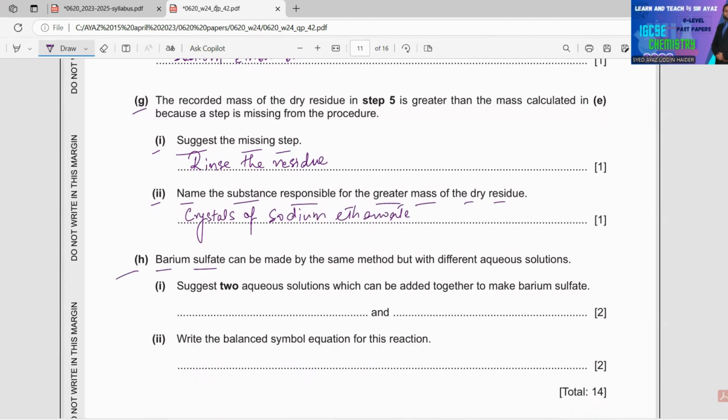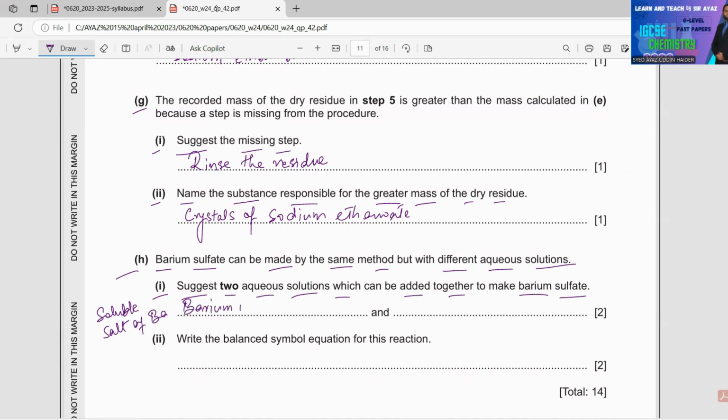H. Barium sulfate can be made by the same method but with different aqueous solutions. 1. Suggest 2 aqueous solutions which can be added together to make barium sulfate. Now you can take any soluble salt of barium. You can either take barium nitrate or barium chloride.